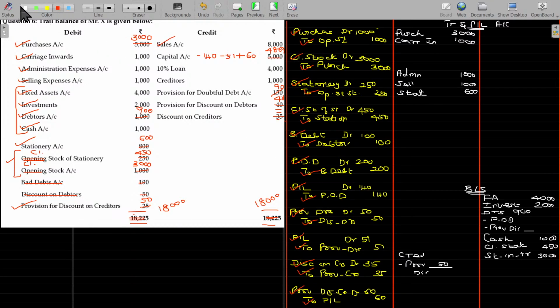In credit side we have sales. Sales should be in the trading account, the value being 8,000.